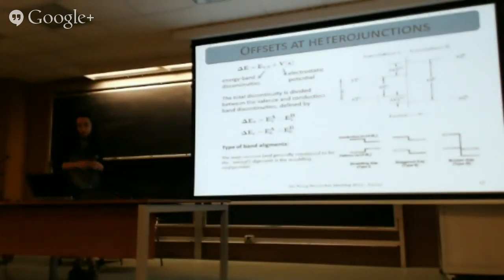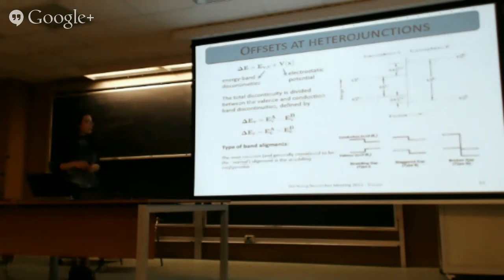So the last point is the study of the interface, the offset at the heterojunction. In general, this offset is described by the energy discontinuities and electrostatic potential at the interface. The total discontinuity is divided between the valence and conduction band discontinuity, described by formulas.